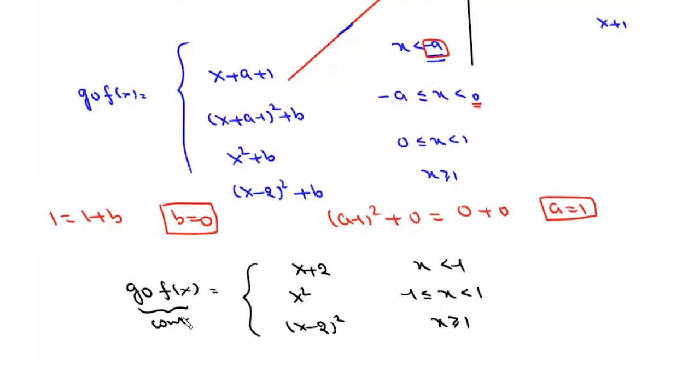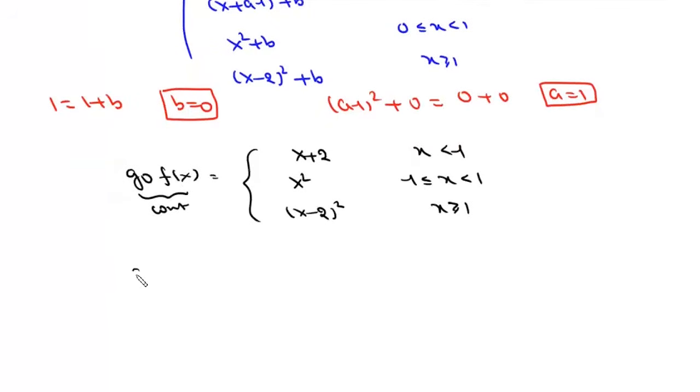We have to find whether this function is differentiable or not differentiable. Now if we find its derivative, it will be this one when x is less than minus 1. It will be this 2x between minus 1 and 1, and it will be this 2x minus 2 when x is greater than 1.